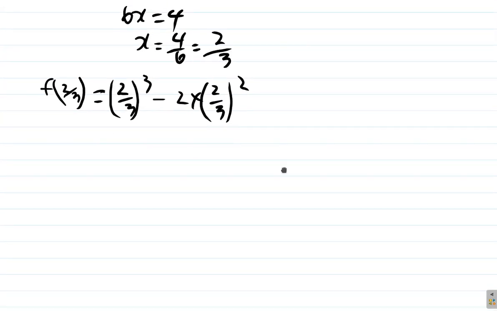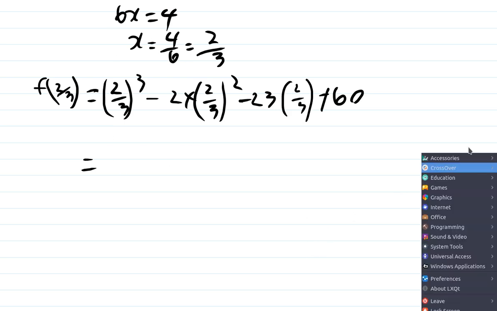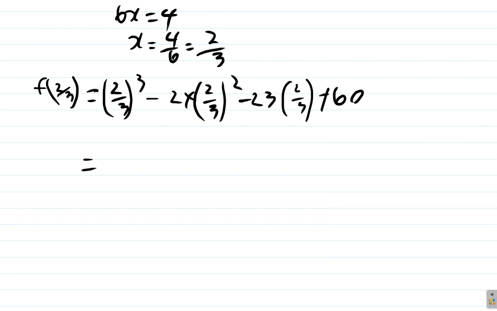So we have minus 23x, x is 2/3, plus 60, which is, alright, so let's use a calculator to deal with that.